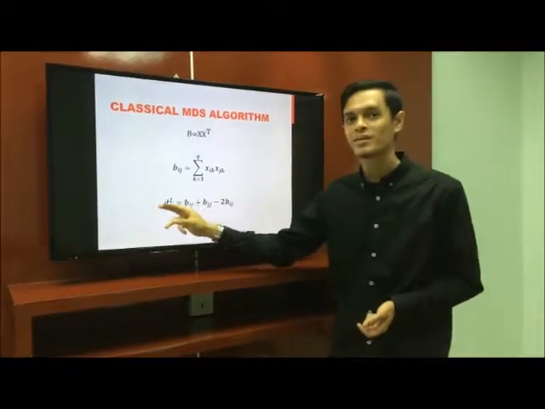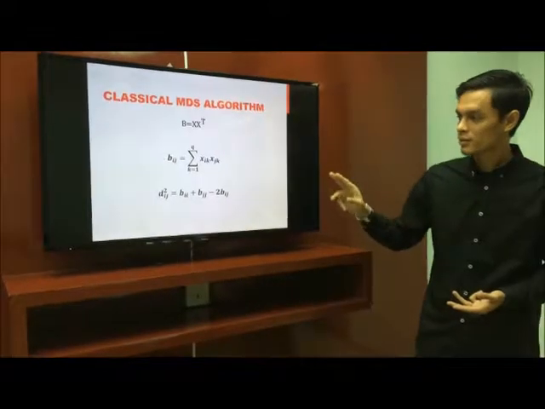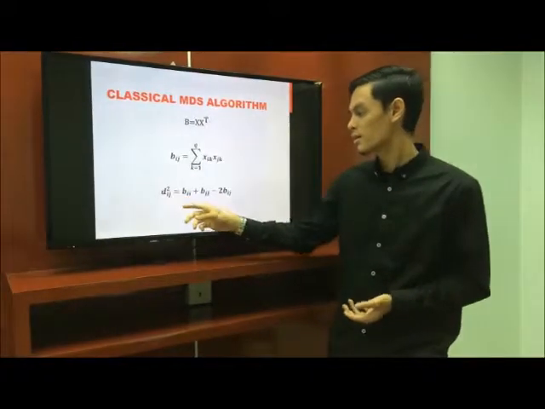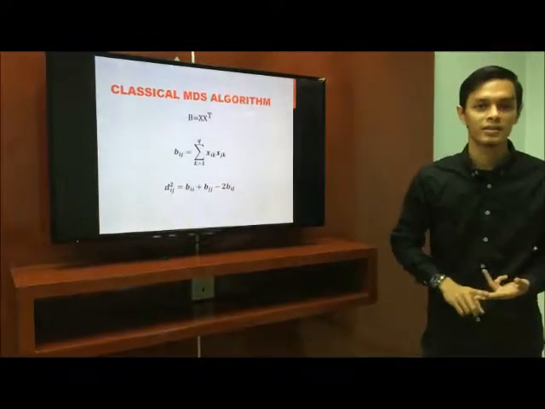This is the squared distance that we want to calculate, that is, b_ii plus b_jj minus 2 b_ij.